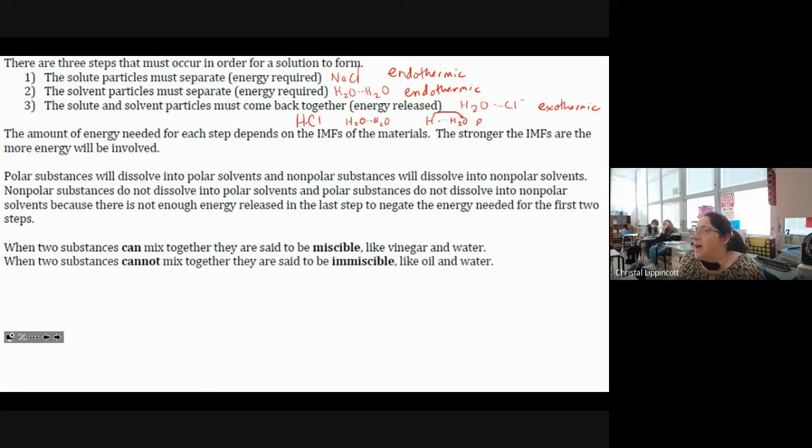We said it was highly exothermic. It gave off a lot of energy. For sulfuric acid, I actually do it in an ice bath because it's so exothermic. There's not a lot of energy needed as input, but in this step there's a huge amount of energy given off.